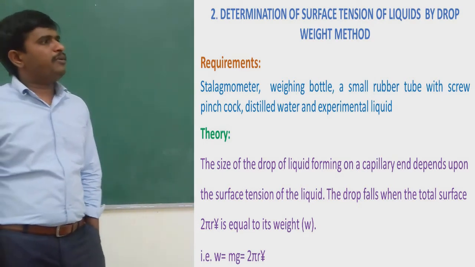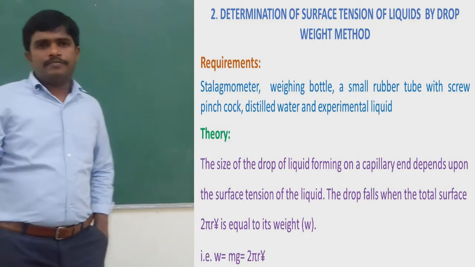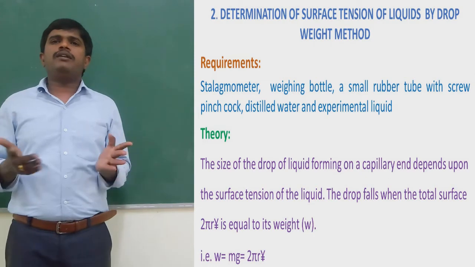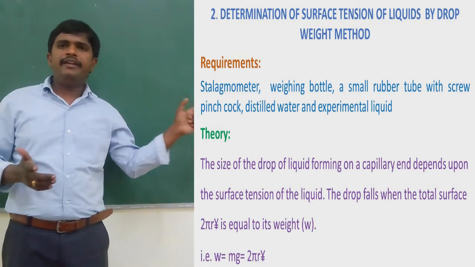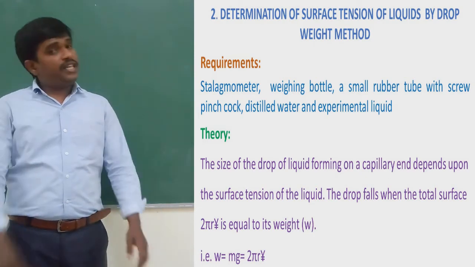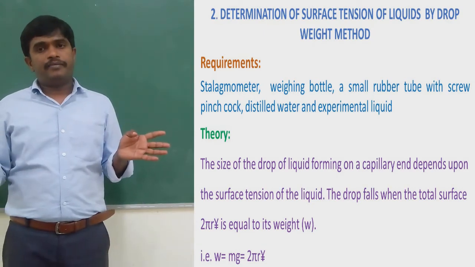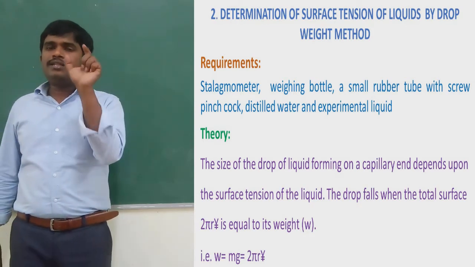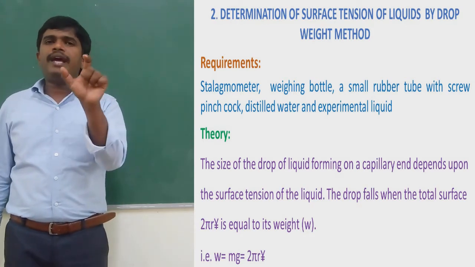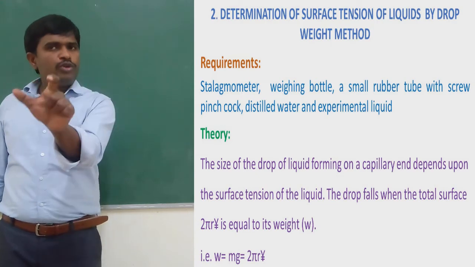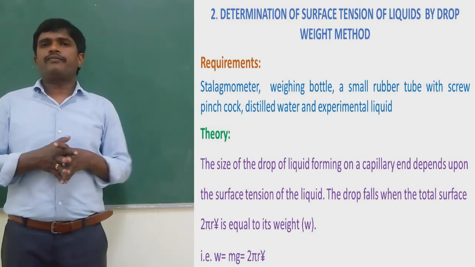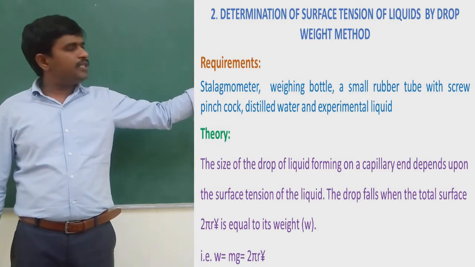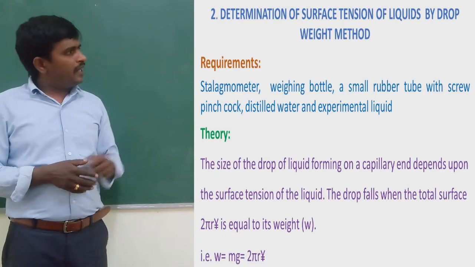In this experiment, the theory is that the size of the drop of a liquid forming on a capillary head depends upon the surface tension of the liquid. The drop falls when the total surface force, that is 2 pi r gamma, is equal to its weight W. That is, W is equal to m into g is equal to 2 pi r gamma.